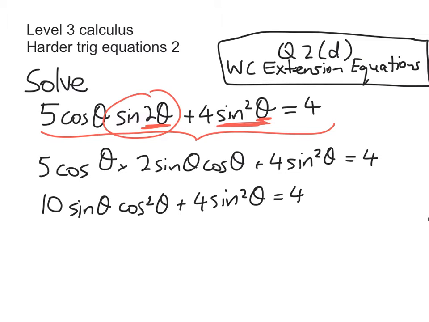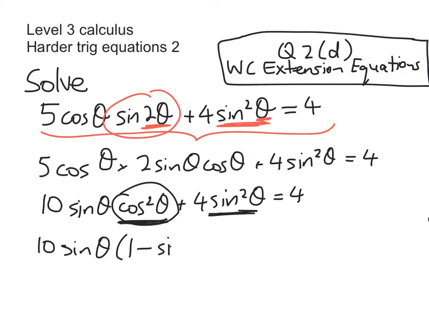Now I'm looking at the cos and I'm thinking maybe I can get a quadratic in sine if I do my Pythagoras substitution. You can look at the first of the harder trig equation videos to go over that. Basically, when I see the cos squared, I'm going to replace it by 1 minus sine squared theta, plus 4 sine squared theta equals 4.